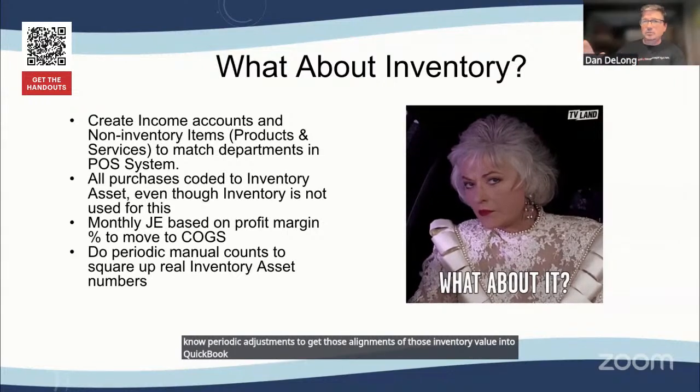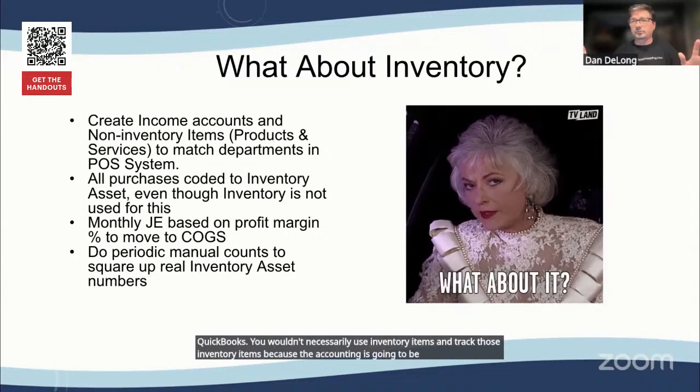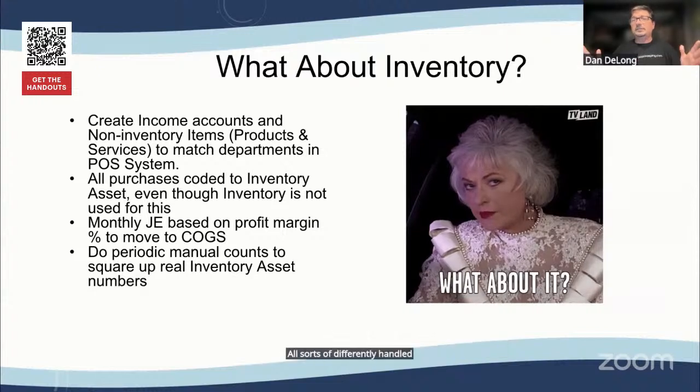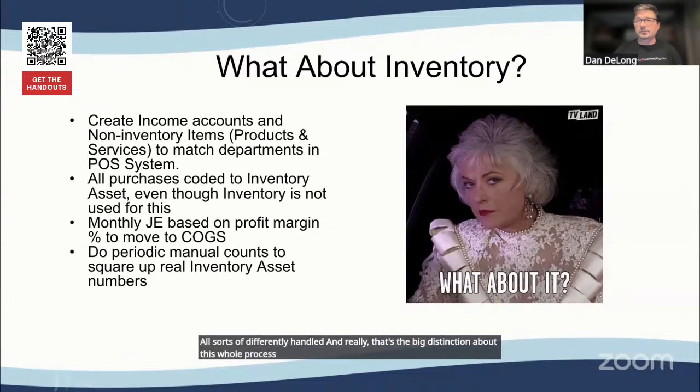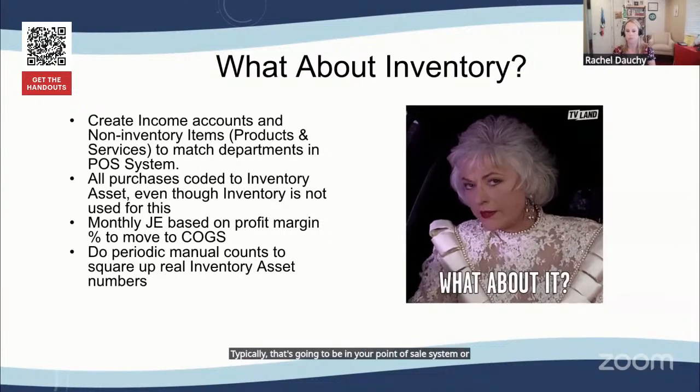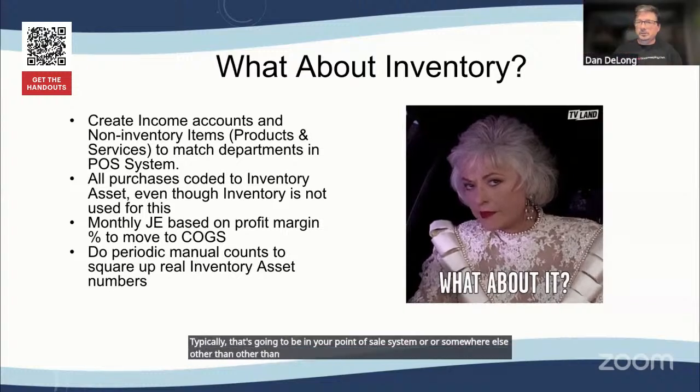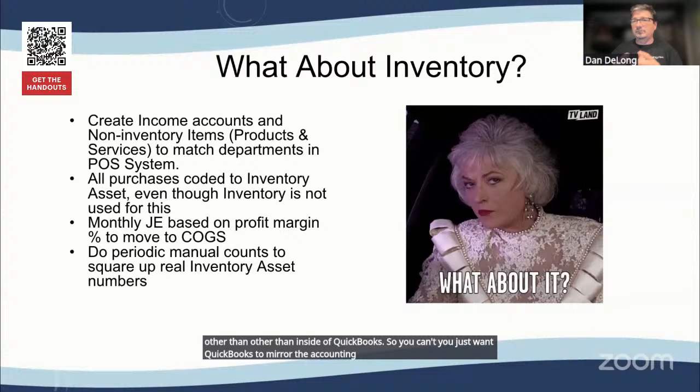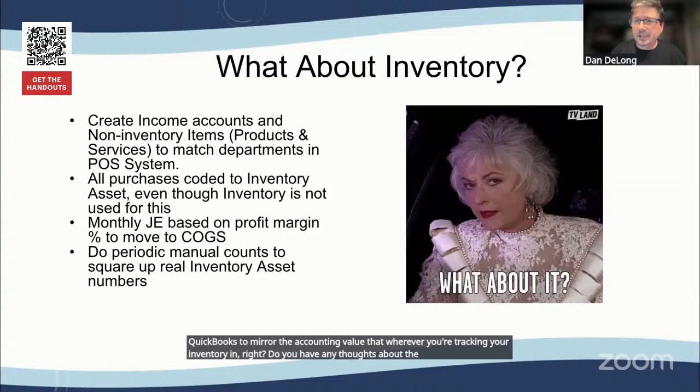You wouldn't necessarily use inventory items and track those inventory items, because the accounting is going to be handled all sorts of differently. And really, that's the big distinction about this whole process: where's the inventory source of truth? Typically, that's going to be in your point of sale system or somewhere other than inside of QuickBooks. So you just want QuickBooks to mirror the accounting value of wherever you're tracking your inventory. Right? Do you have any thoughts to add to that?